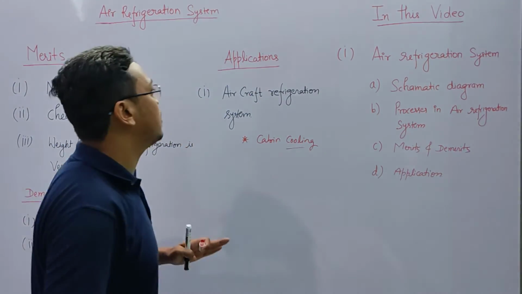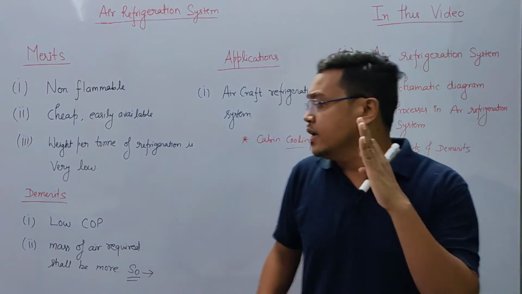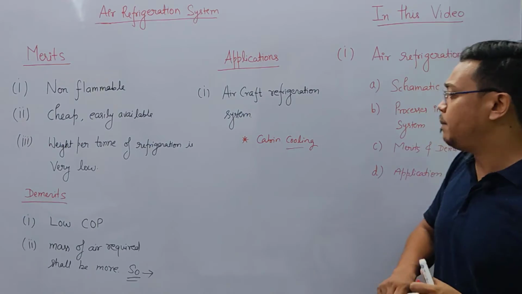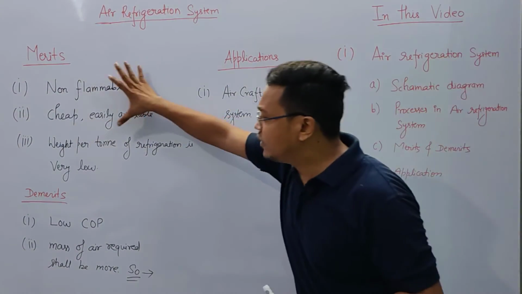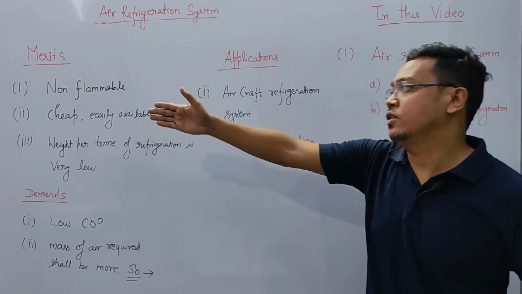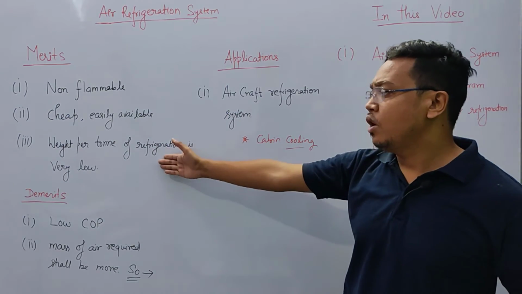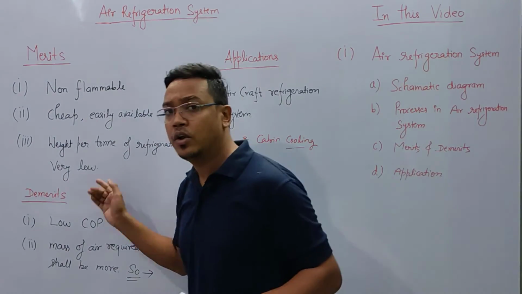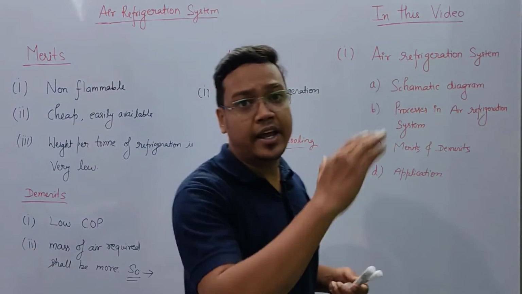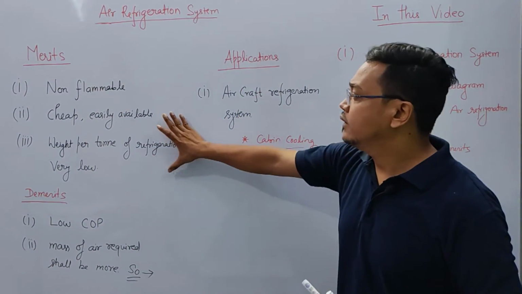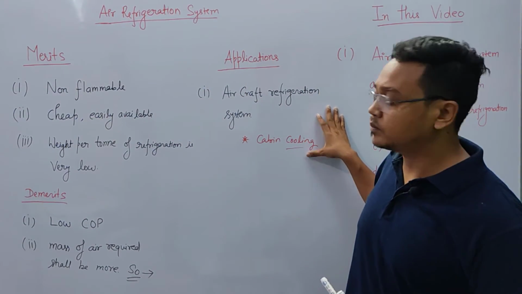Just remember here the application of the air refrigeration system: it is used in aircraft refrigeration because it is non-flammable, cheap and easily available, and weight per ton of refrigeration is very low, because the aircraft has to fly in the air.